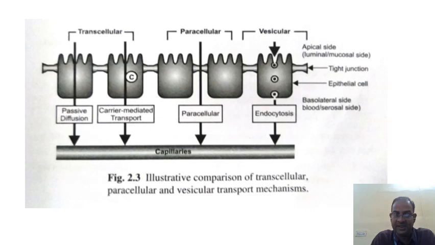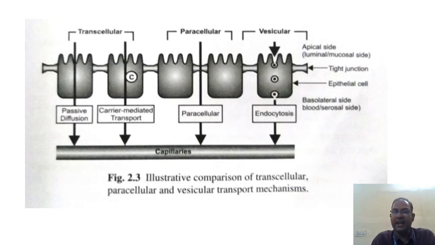This tight junction will vary depending upon the epithelium. If the molecules are very small, they are transported through the tight junctions by this paracellular mechanism. So in the paracellular mechanism, the drug transport is through the tight junctions that are available.